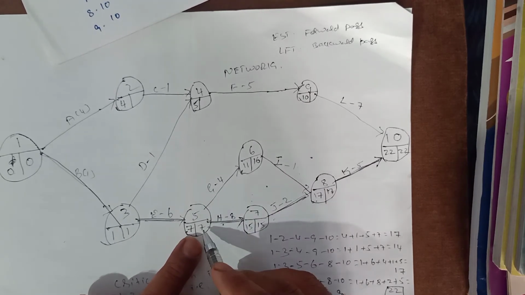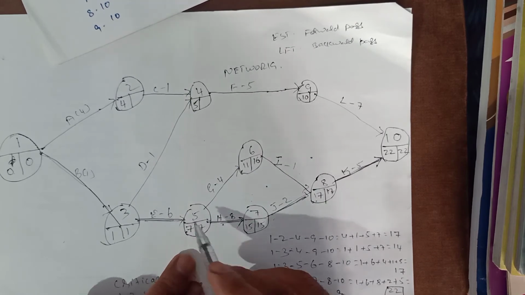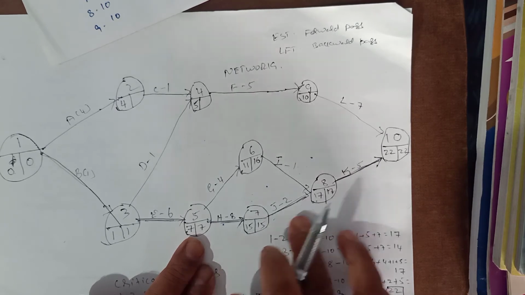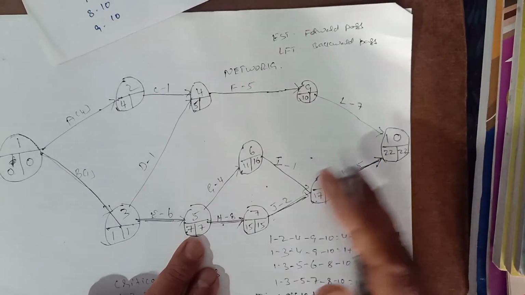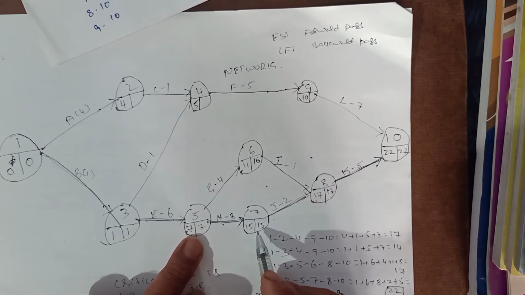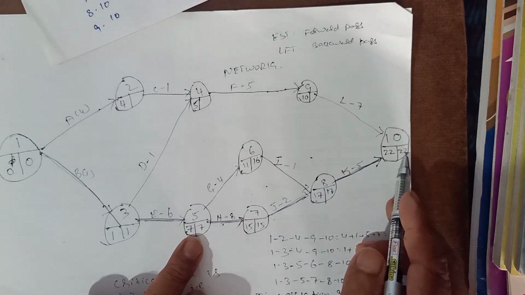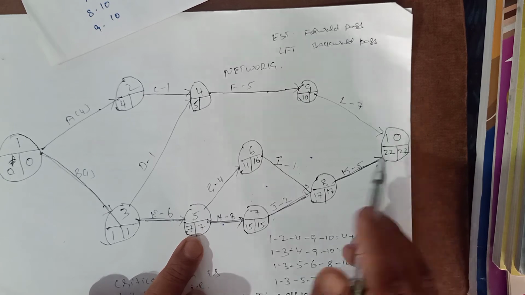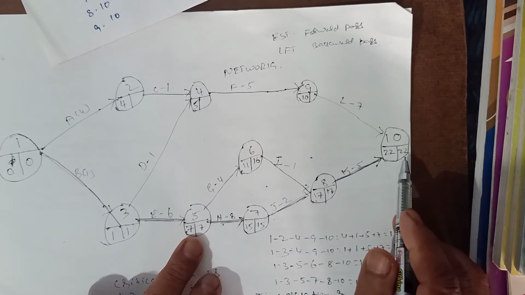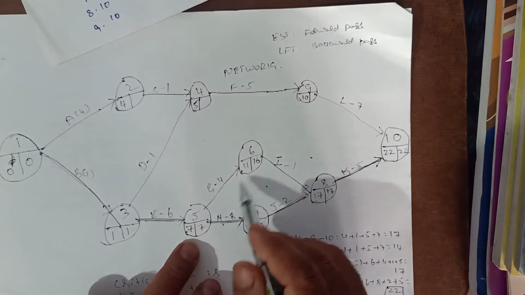Because if this activity 3 completes on the 12th day, what happens? The entire project will go further. If you take it as 12, it will come to 20, then 22, then 27. So our project duration will enlarge to 27 days. That is not the case. We should complete the project in 22 days. So we should not alter this.